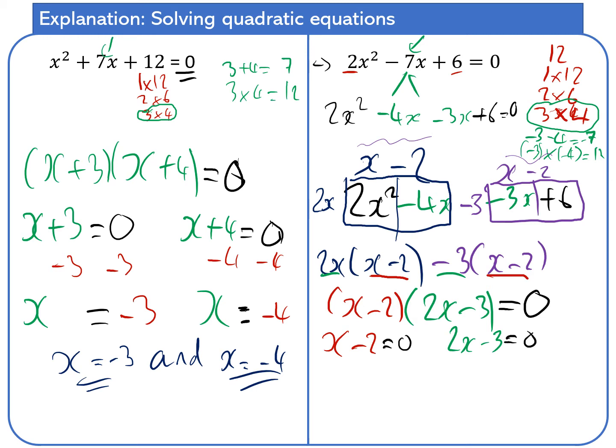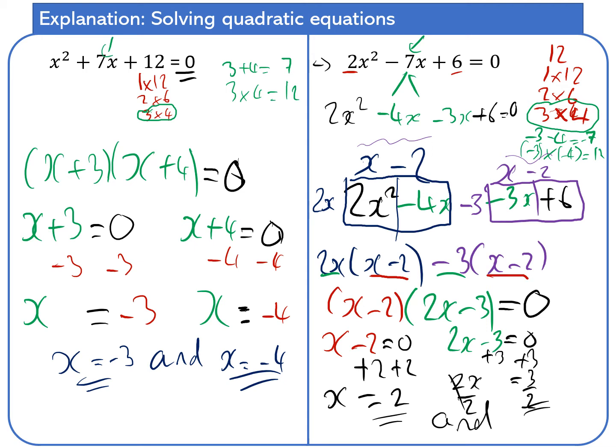So the first one, x minus 2, opposite of minus 2 is plus 2. So we get x is equal to 2. And the next one, opposite of minus 3 is plus 3. 2x equals 3. Opposite of times by 2 is divide by 2. And there's our answers, both of them. x equals 2 and x is equal to 3 over 2.